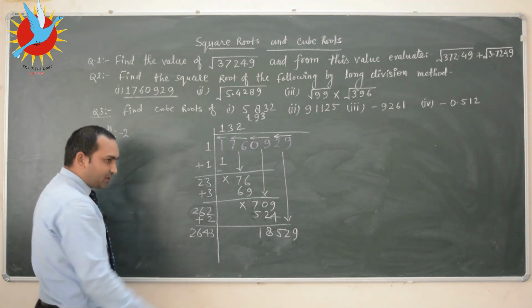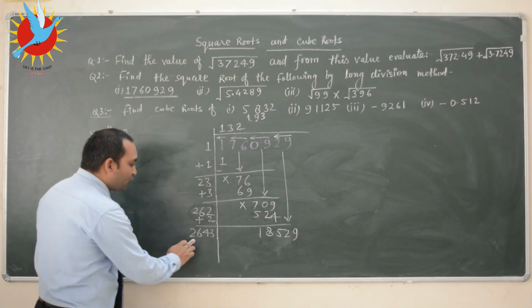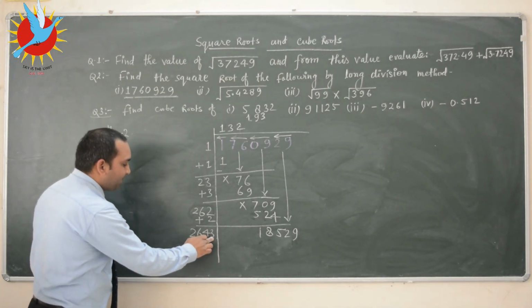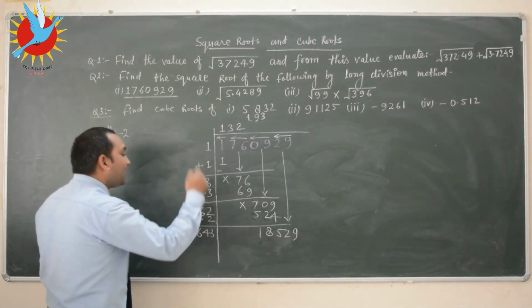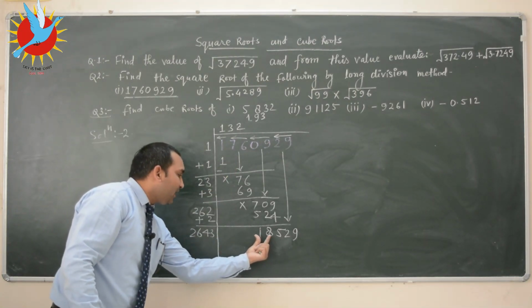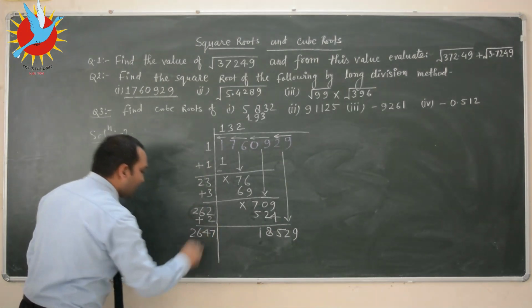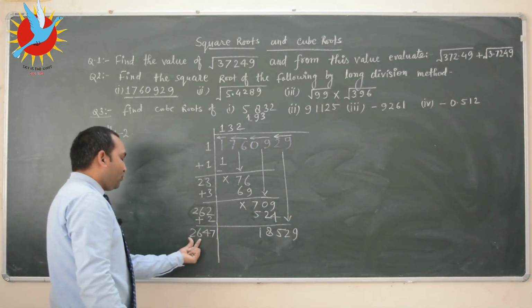So in this situation we have two numbers, either 3 or 7. So 2643 means 2003, that is 6000, but we need 18,000 something, so here we take 7.